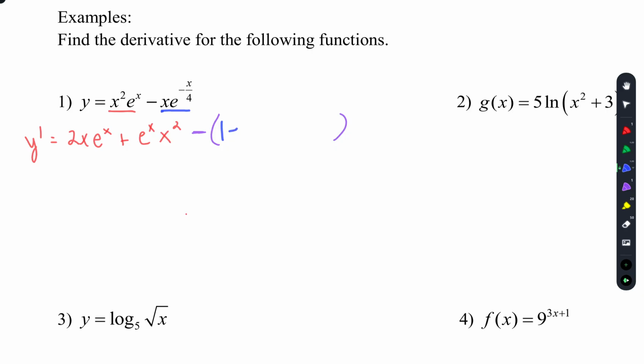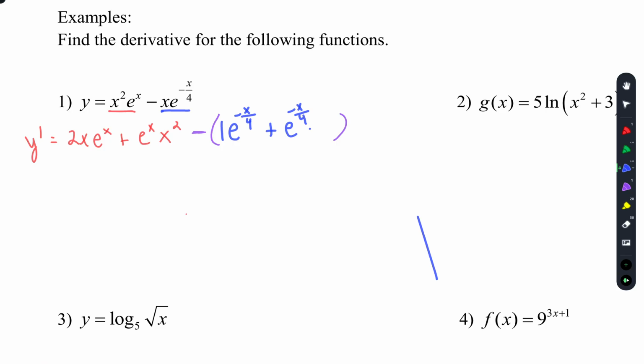Derivative of the first times the second, plus the derivative of the second. So notice that it's e not just to x. It's e to like fancy stuff. So that just means you have to do a chain rule on it, right? So the derivative of e to the negative x over 4 would be e to the negative x over 4, okay?